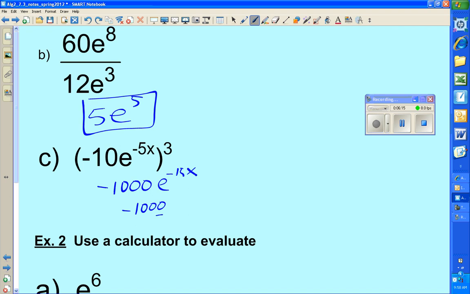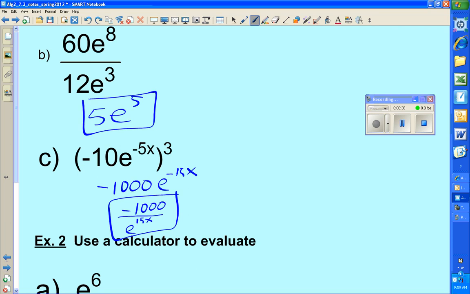Well, let's just do the negative 1,000 over. There you go. The only problem with your first answer was the negative in the power, right? So let's just drop that out of there. Move it down. The negative 1,000 stays where it is. Is it negative? Then we're good.